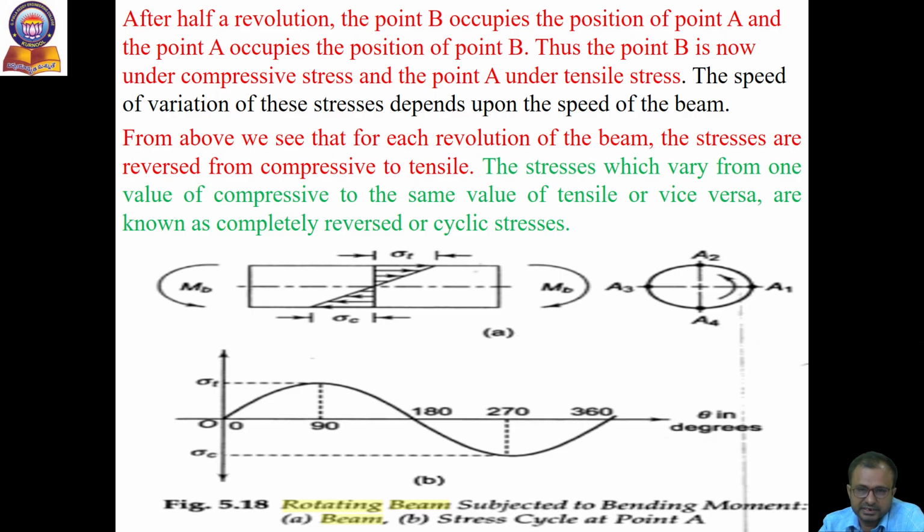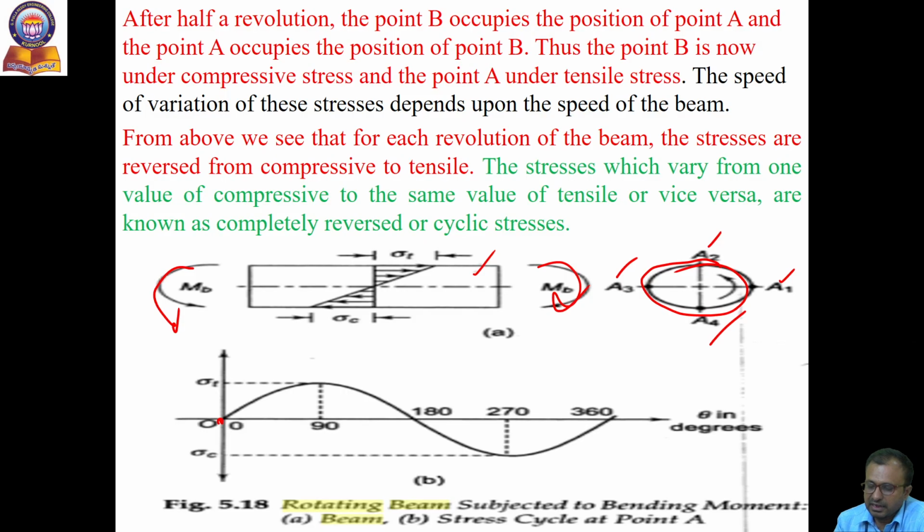For further understanding, I am taking one beam subjected to bending like this. The side view of the shaft is a circle. Here I am taking A1, A2, A3, A4. For analyzing the stress-time plot, we take theta in degrees on the x-axis and stress on the y-axis. First, A1 is the starting point of the rotation of the shaft.